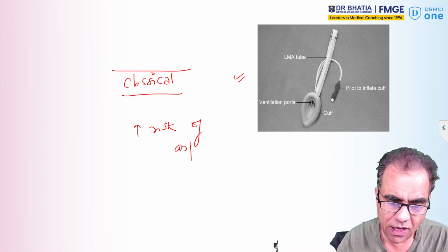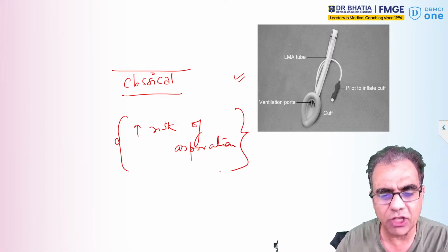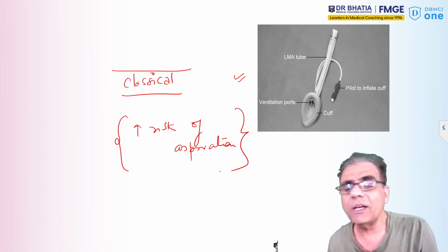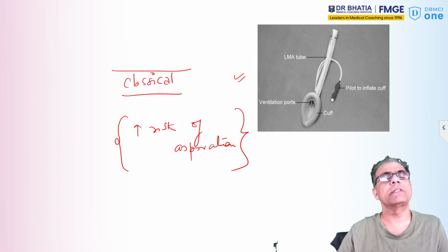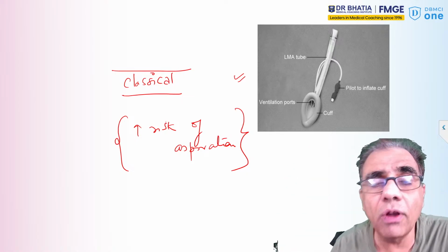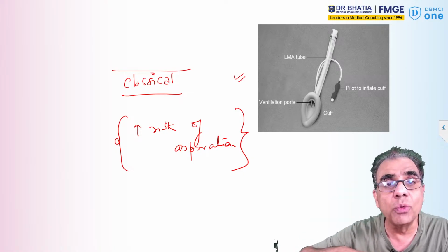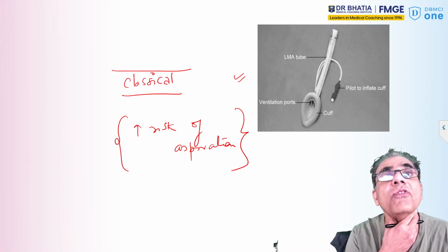That is one of the disadvantages of LMA. And the problem is that you are clearly seeing that the patient's stomach is getting distended, still you will not be able to decompress it, because from where will you pass your suction catheter or Ryle's tube, since the cuff has occupied the oropharynx and laryngopharynx.